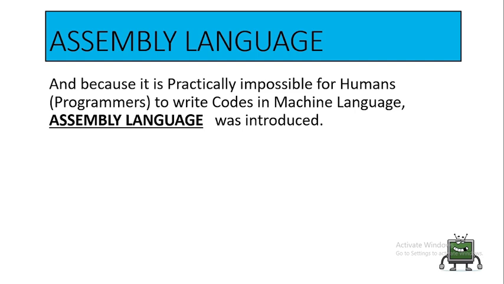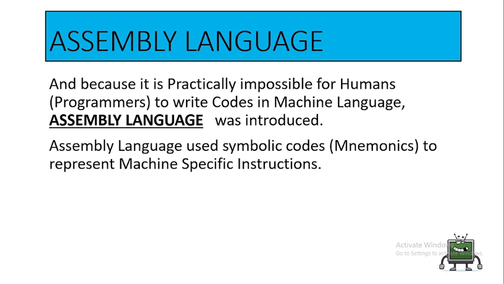Because it is practically impossible for programmers to write code in machine language, assembly language was introduced. Assembly language uses what are called symbolic codes, or mnemonics, to represent some instructions that the computer actually performs.